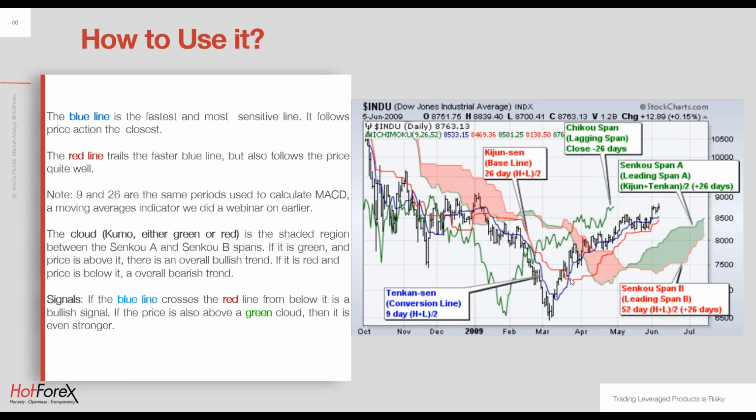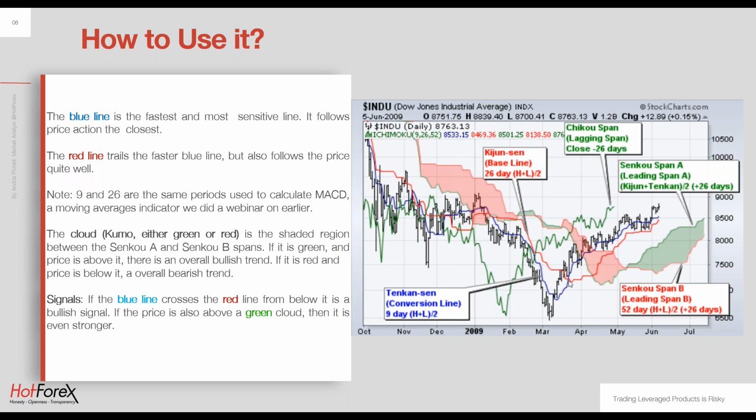So if the blue turns above red, that means a short-term bullish signal. It means that the asset will continue to the upside in the near term, because the Tenkan-sen crossed above the Kijun-sen. So this is a good entry point, guys, for a long entry.